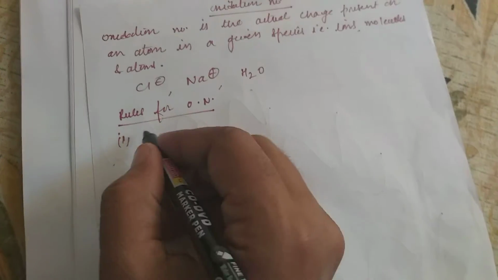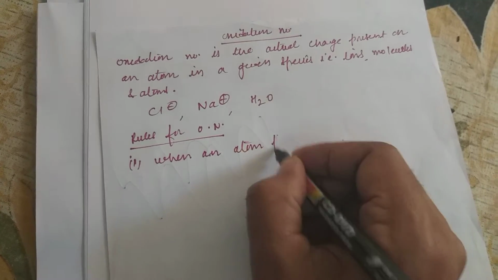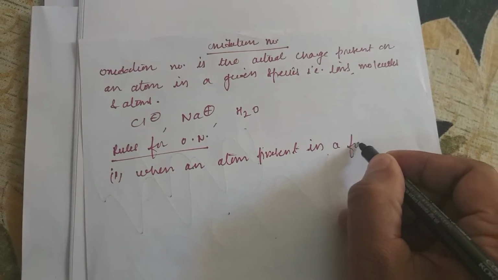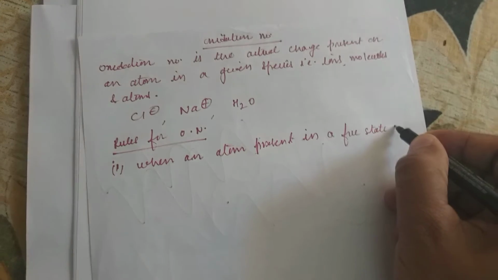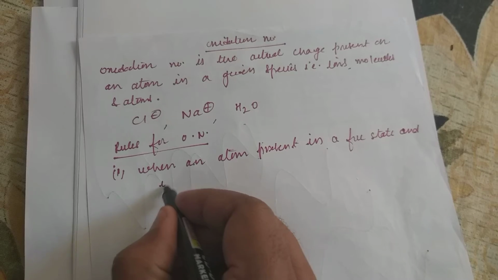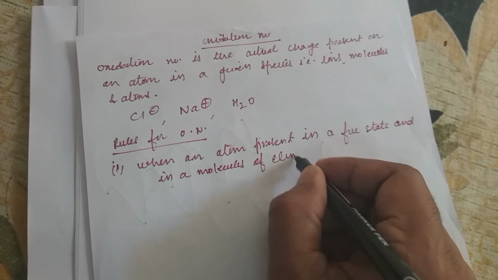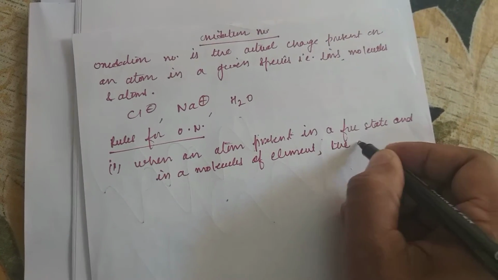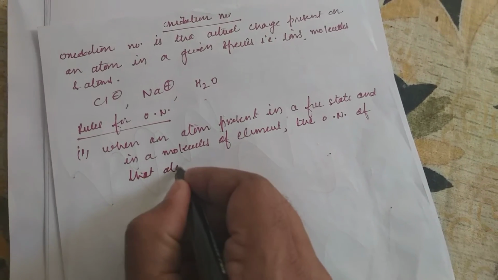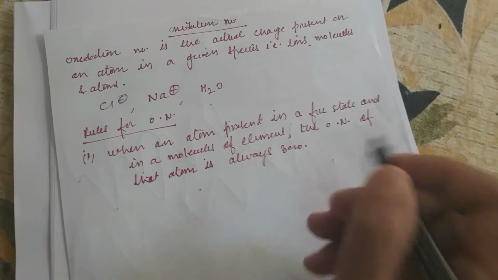The first rule is that when an atom is present in a free state and in a molecule of an element, the oxidation number of that atom is always 0.